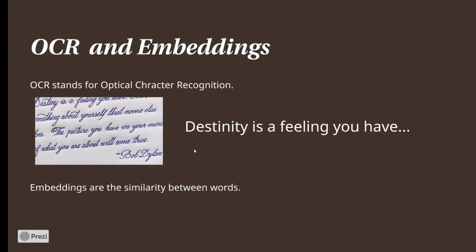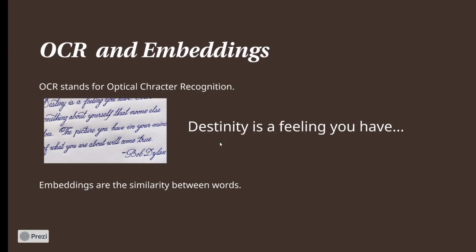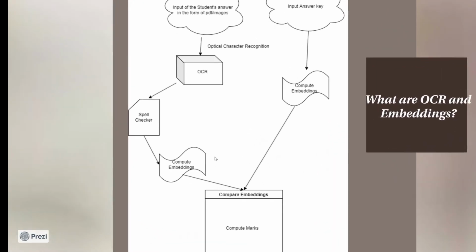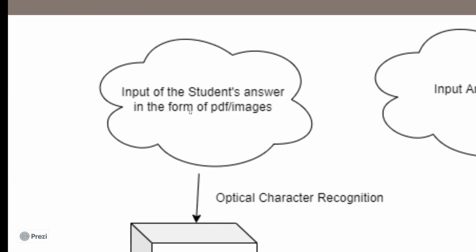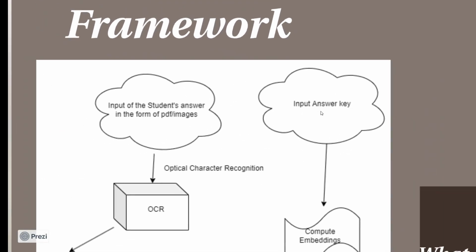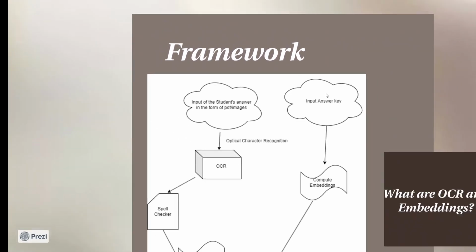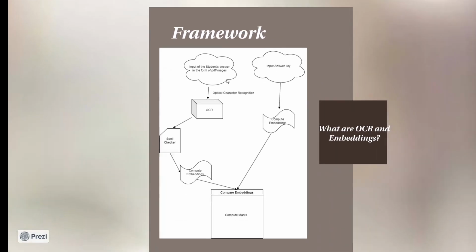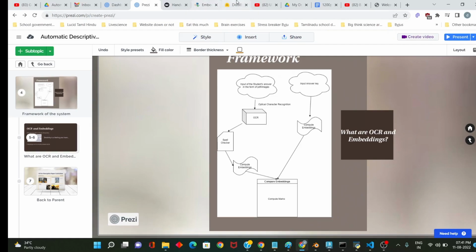So the similarity of a word pair like good and bad is 0 or null, and the similarity of a word like good and great is 1 or 0.9, and so on. Using this embedding, we can compare the student's answer to the actual answer given by the teacher. I'll show you an example of how this works too.